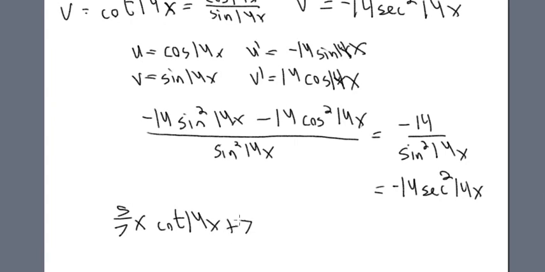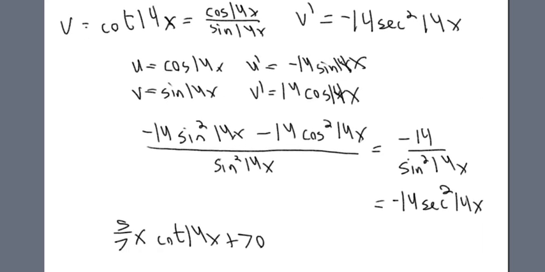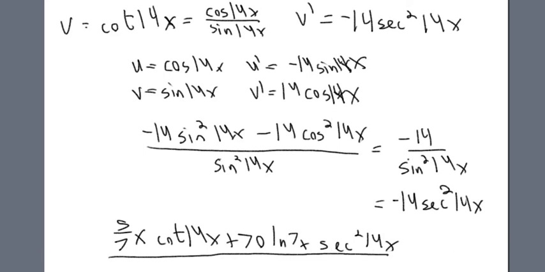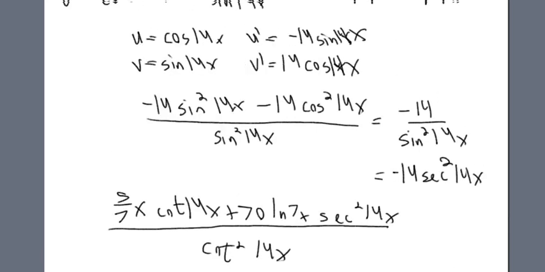So plus 70 natural log 7x cosecant squared 14x, all over v squared. So all over cotangent squared 14x. Alright, so that's it.